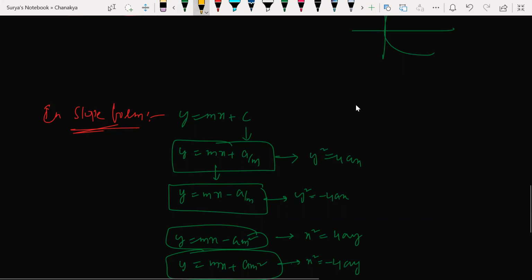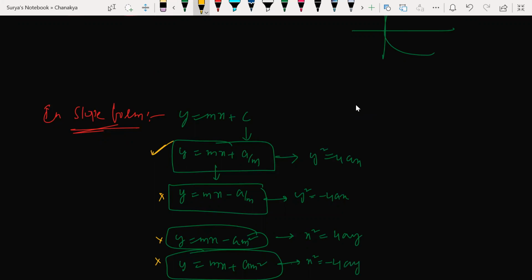So these are the four different tangent equations of different parabolas. We will not be using this many times. This is a very important formula. Everyone should remember it. Everyone should remember this tangent equation in slope form.